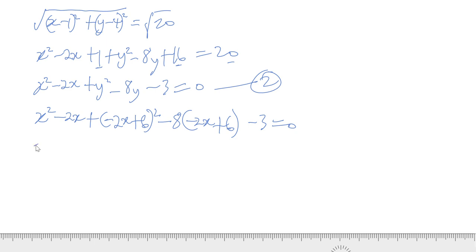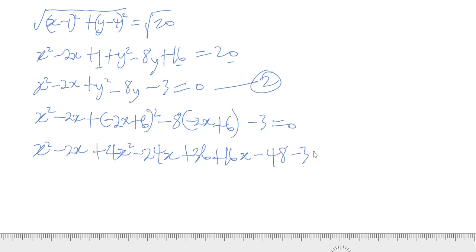Expanding this further, x squared minus 2x plus 4x squared minus 24x plus 36, minus 8 multiplied by minus 2x gives you plus 16x, minus 8 multiplied by 6 gives you minus 48, minus 3 equals 0.